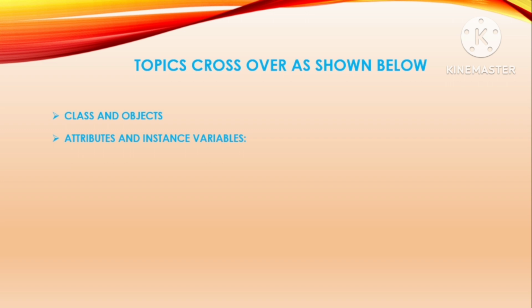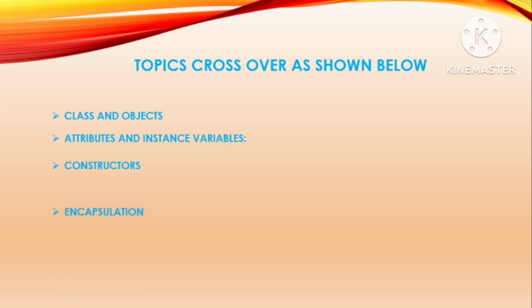The next one that we are going to talk about is constructors. Constructors are special methods used to initialize objects. They are called when an object is created using the new keyword. As we are going to see further, our next topic is encapsulation.